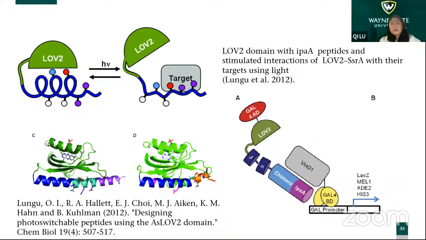Later, we're talking about light-controlled transportation of organelles. This one is different. In the dark state, the LOV2 is binding to a sequence. Then after shining with the light, the conformation changes and it will expose this sequence, and the other target proteins will bind to this.